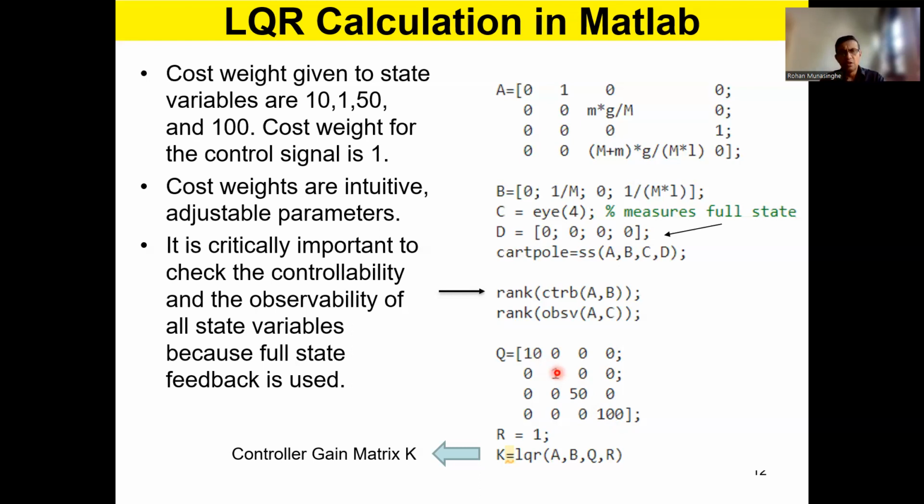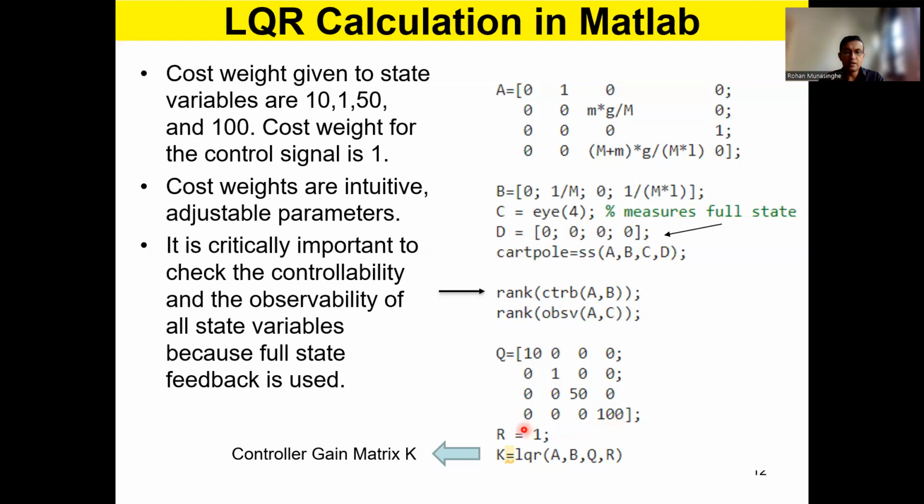In other words, I can tolerate x dot to the highest level, then I can tolerate x to a certain level, then further to a reduced level theta, and theta dot is very difficult to tolerate. So I want theta to be 0 as much as possible and let the other variables change a little bit. I communicate that to MATLAB.